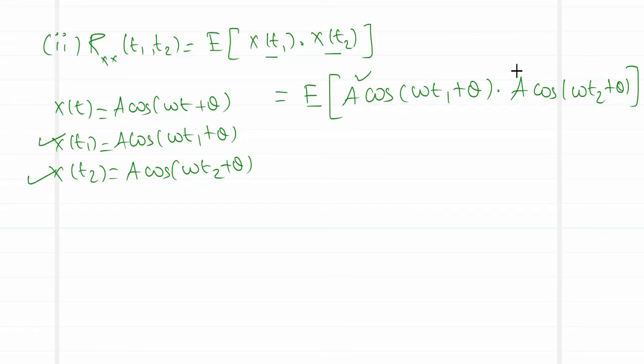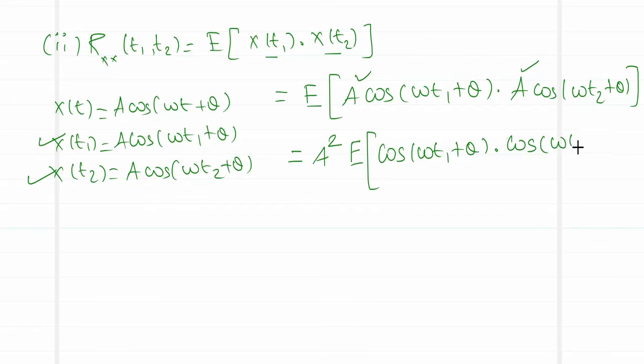The role of A over here is constant. So acknowledging the formula, the expected value of aX is a times the expected value of X. What happens to this A into A, A square, which is the constant, comes outside, leaving us with cos(omega t1 plus theta) into cos(omega t2 plus theta).